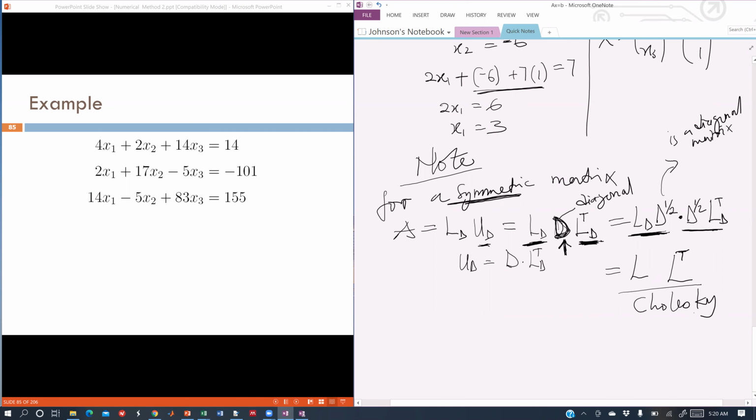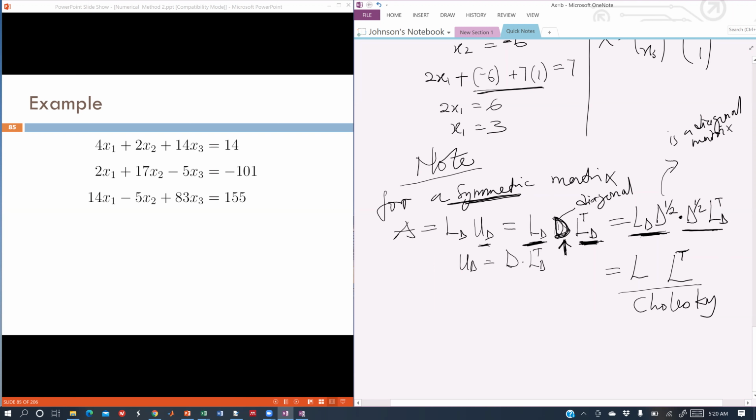So by this, we can say that we can pass through the Doolittle approach of finding decomposition to get the Cholesky decomposition, where we find our decomposition using Gaussian elimination, look for the L of the Doolittle, then look for the D exponent half.